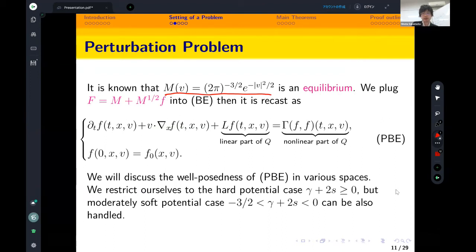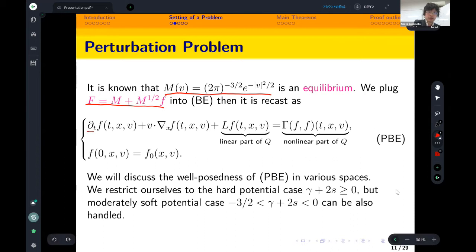So that's the reason why we use M. And if we plug F equals M plus some perturbation, small f, into the original equation BE, then it is recast as follows. This is PBE.